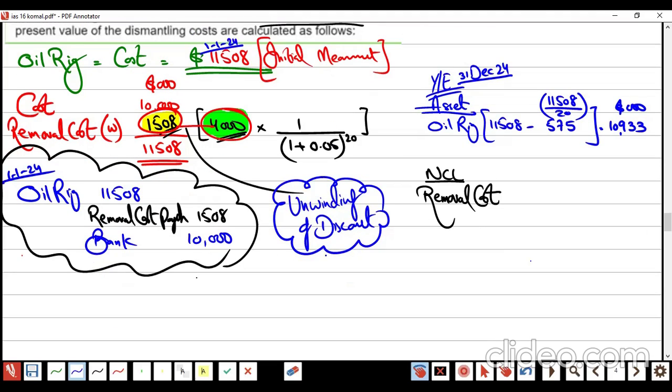The formula of unwinding is you take the present value and you multiply it with the cost of capital, the interest rate, to get the unwinding amount.